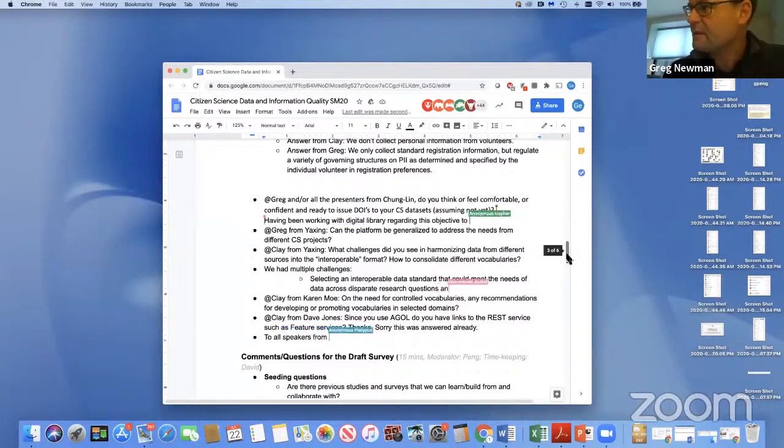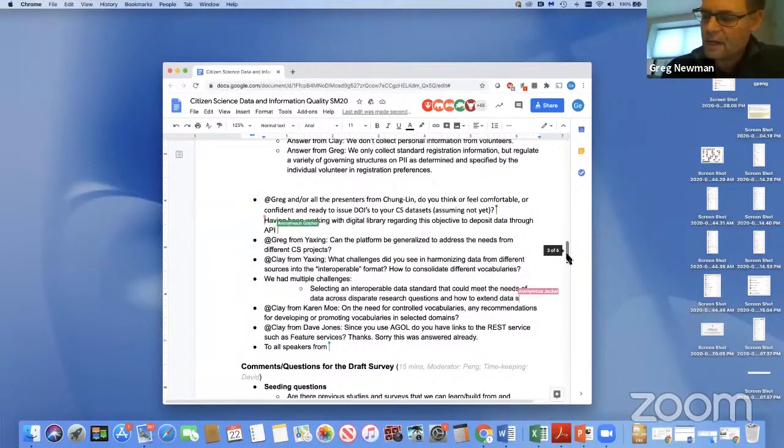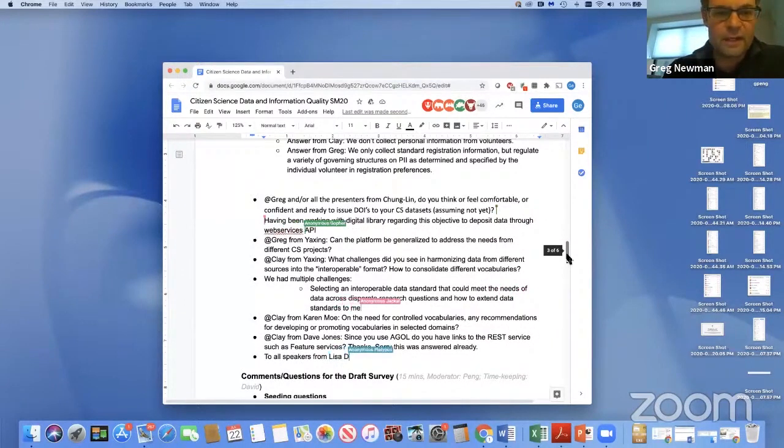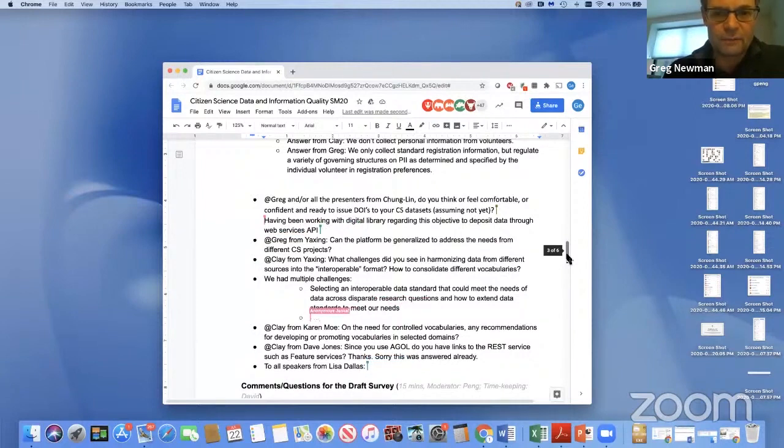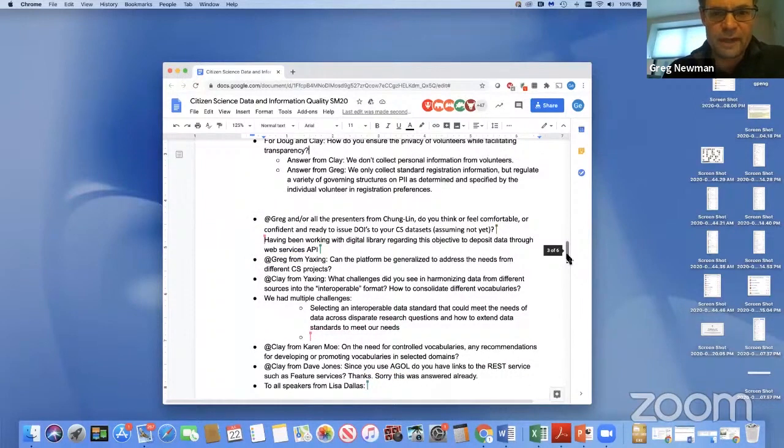I'm going to forget the software that they're using, but in any event, we would get a DOI for that bundled data set. That's to be an immutable reference to that immutable data set.